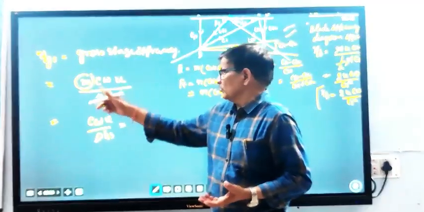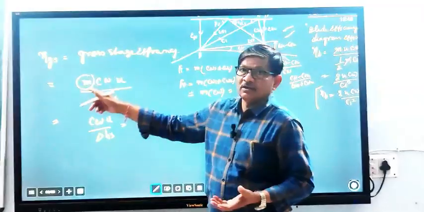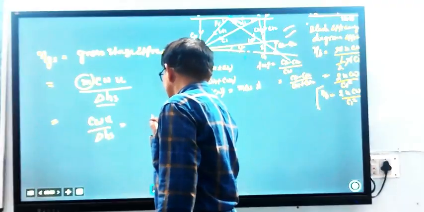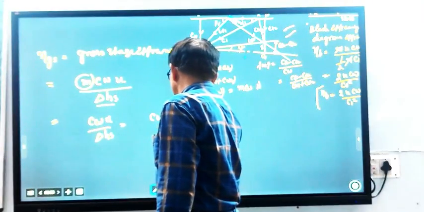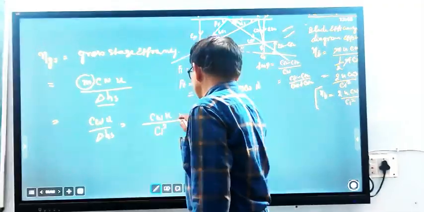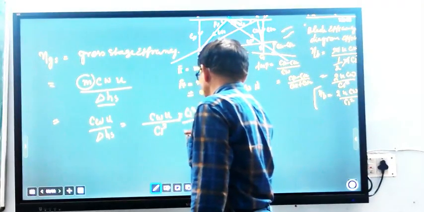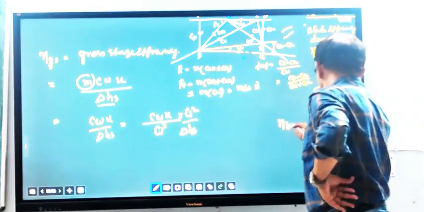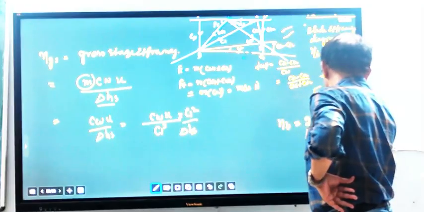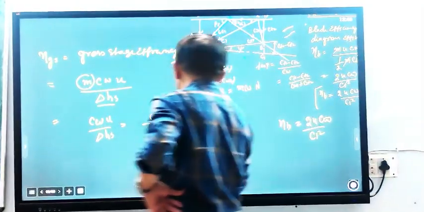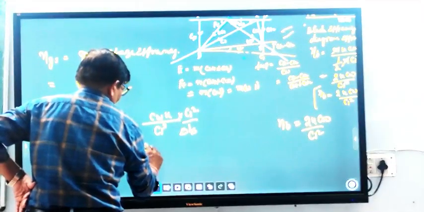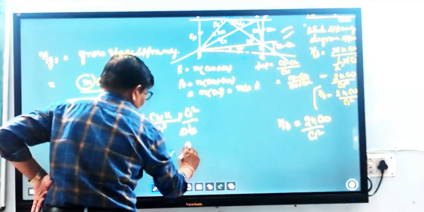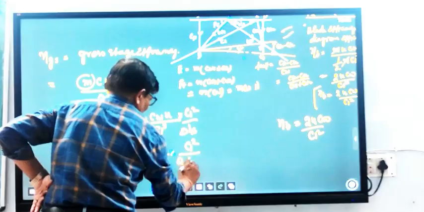So we take the work done by the steam per kg, and write Cw U upon C1 squared into C1 squared upon delta Hs. Already we have calculated eta B equal to 2 U Cw upon C1 squared, so multiplying by 2 Cw U upon C1 squared into C1 squared by 2 delta Hs.